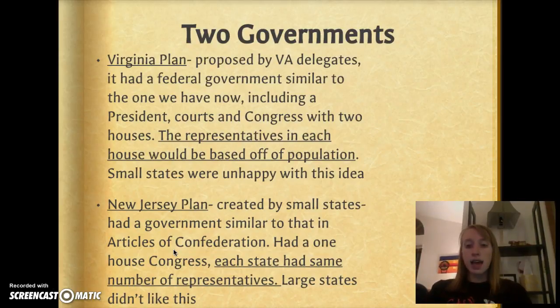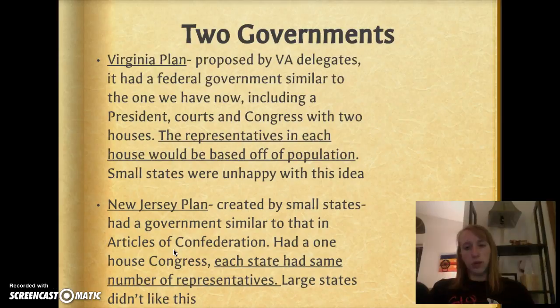This is the idea that the number of people who live in your state should determine the number of representatives that you have. Obviously, this benefits a state like Virginia, who at the time of the 13 colonies is one of the larger states. However, there are small states that immediately react to this with some serious issues.